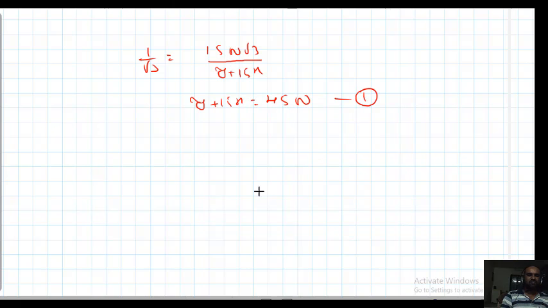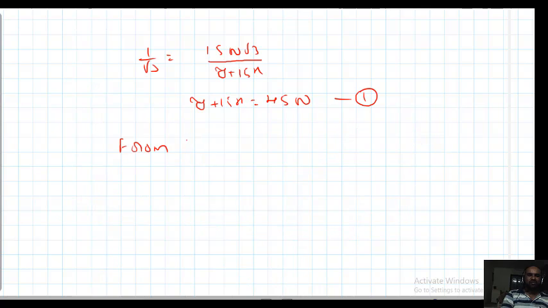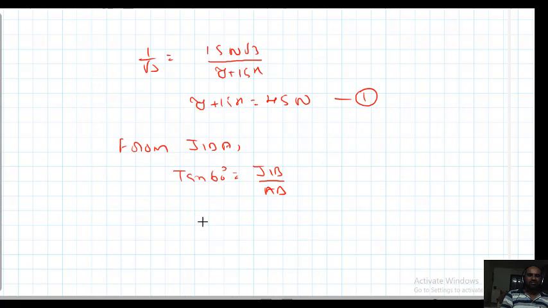Equation number 1. From the next triangle I want to take J1BA. Tan 60 degrees equals J1B by AB. Root 3 equals 1500 root 3 by y, where AB is y. Root 3 gets cancelled. So y equals 1500.